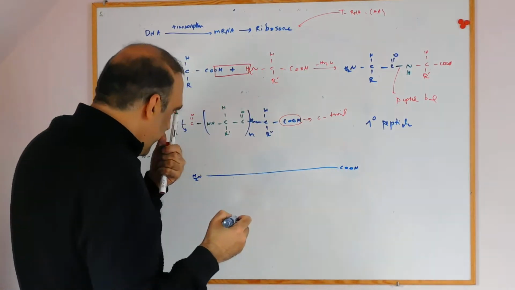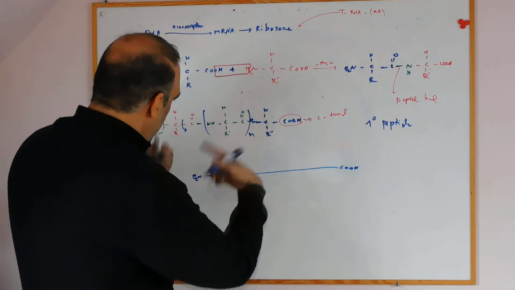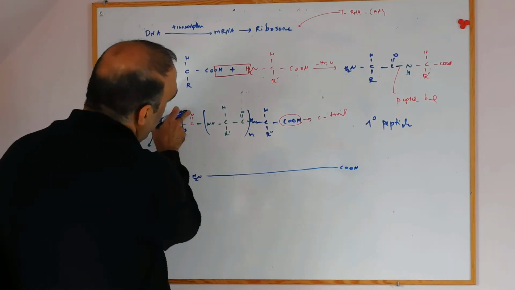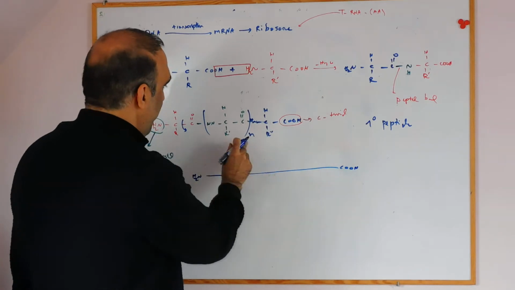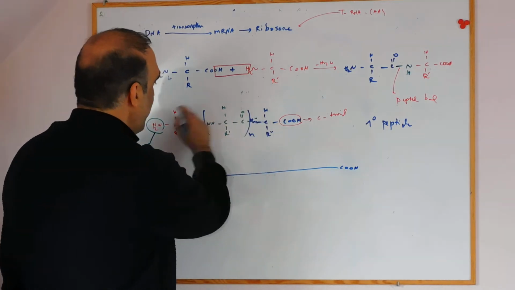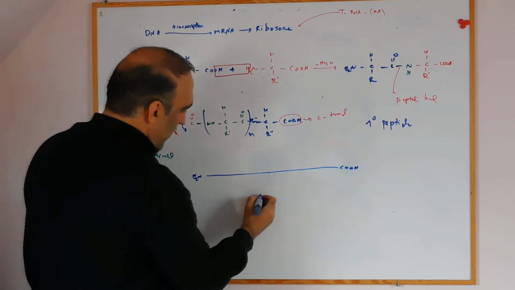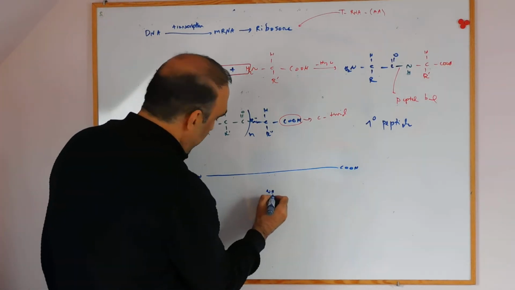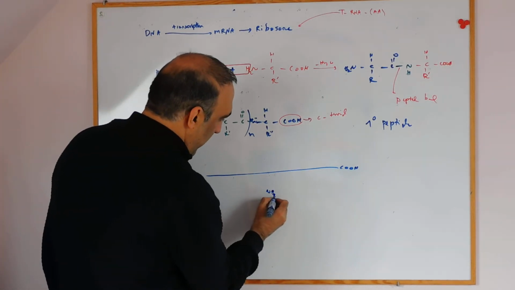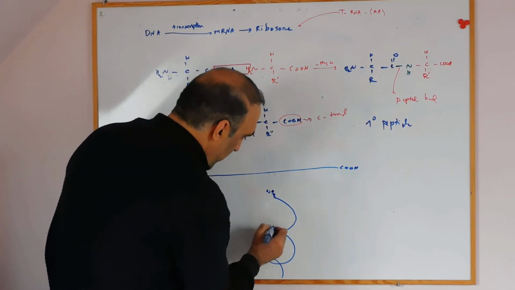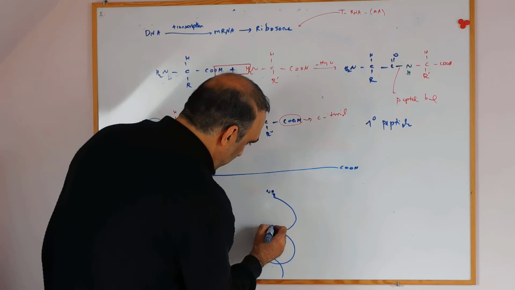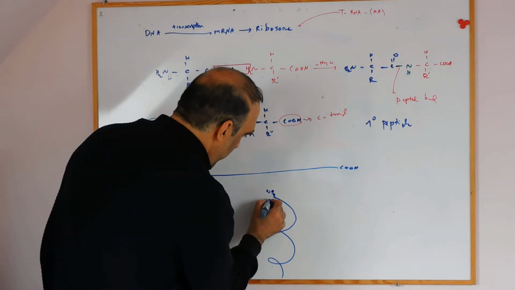Sometimes rotation happens between the carboxylic acid and the fourth amine group. The fourth amine, this amine, has a hydrogen bond. For example, I have a first amino acid at the start, and it goes until the fourth one. Between the first and the fourth amine group, you see, there will be a hydrogen bond.